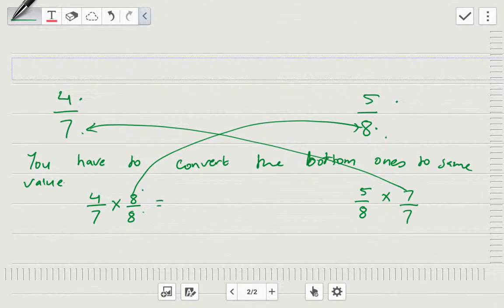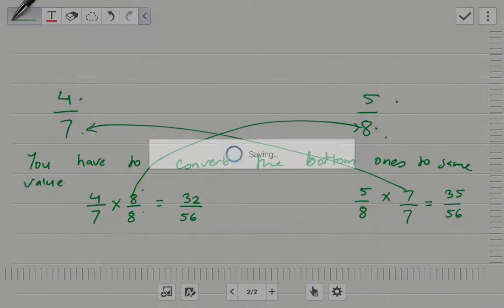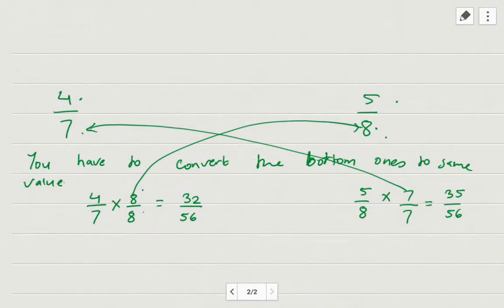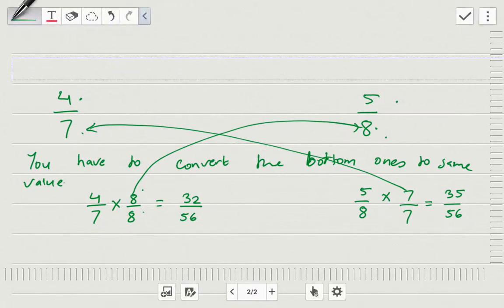This solves your problem, because now 8 multiplied by 4 is 32, and 7 multiplied by 8 is 56. Whereas in this case, 7 multiplied by 5 is 35 and 8 7s are 56. This thing lies at the heart of understanding everything that happens with fractions.